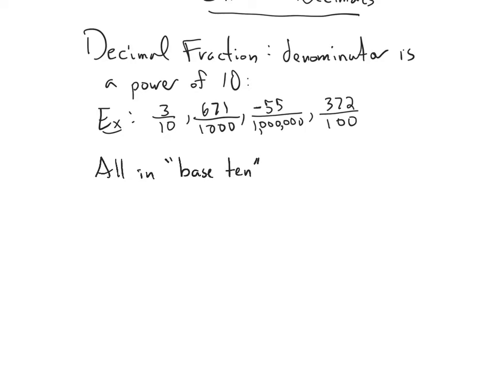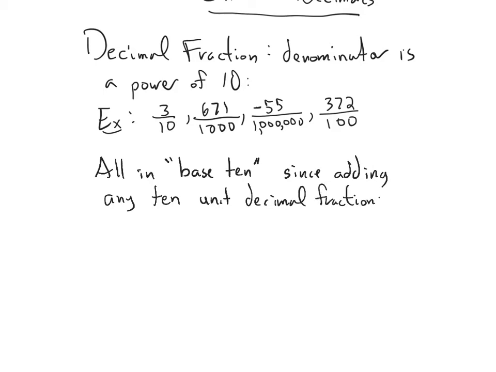So what does that mean? Since adding any 10 unit decimal fractions, and I'll explain unit in a second, so unit, all that means is that your numerator in your fraction is 1.